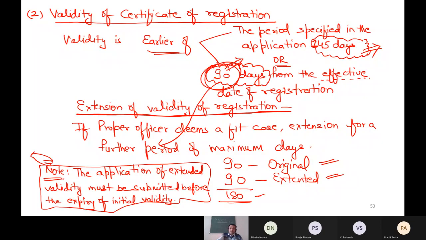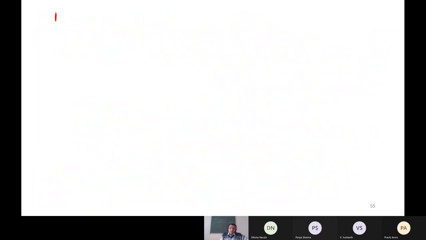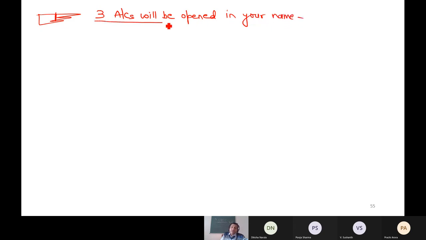Now, as far as advance GST is concerned, it's a normal discussion. Actually, when you take registration, by default 3 accounts will be opened in your name. One account will be known as the electronic cash ledger.